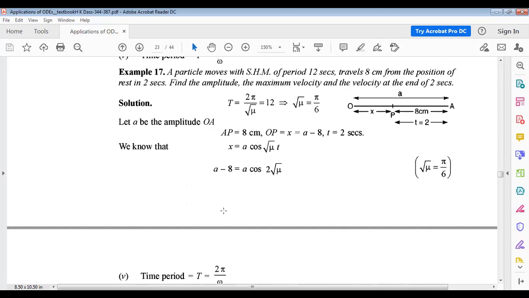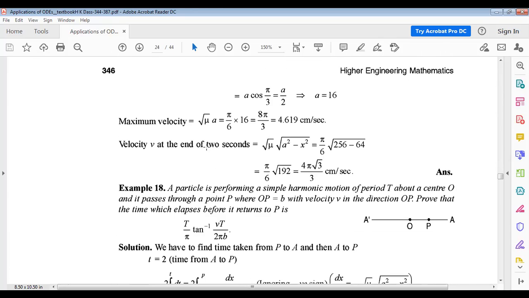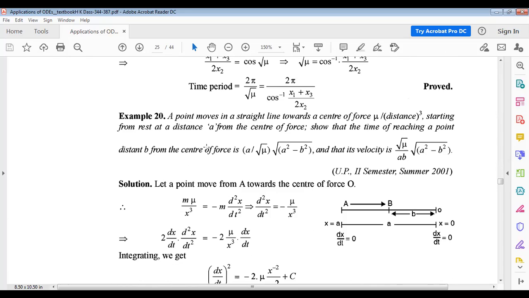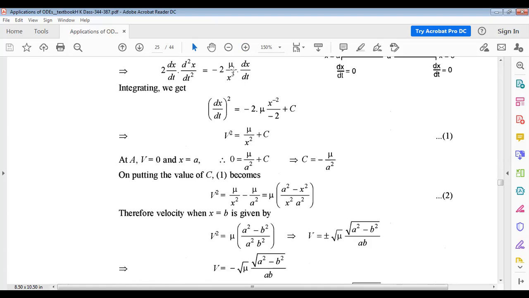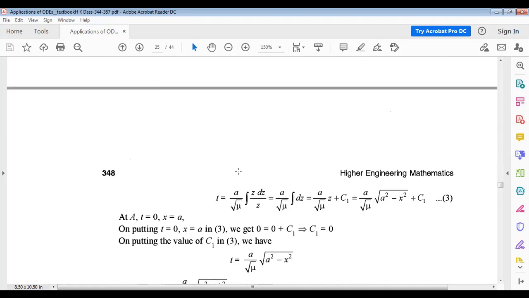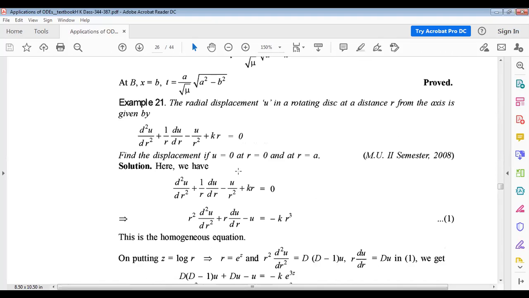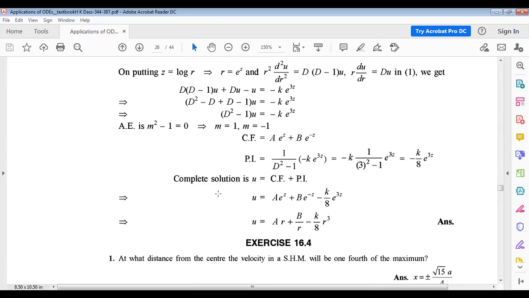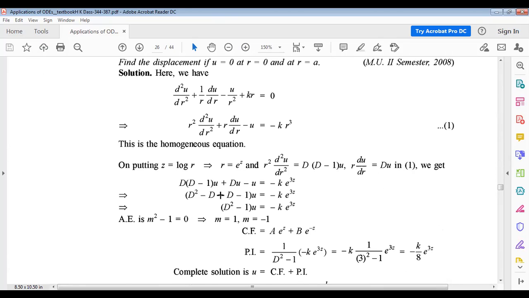There is another example, so example 17 will be homework for you. Examples 18, 19, 20, same procedure. Example 20 up to 21 will be homework for you.